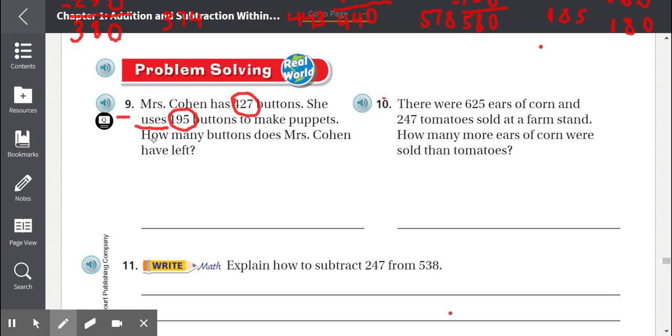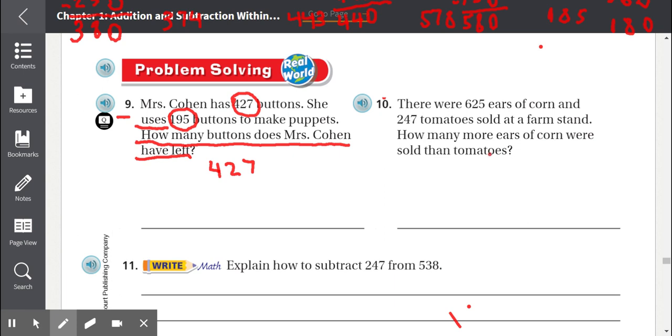Now we always underline our question because it tells us what we need to find. How many buttons does Mrs. Cohen have left? So let's see. 427. And she used 195. And since she used 195, we know that means we're subtracting.